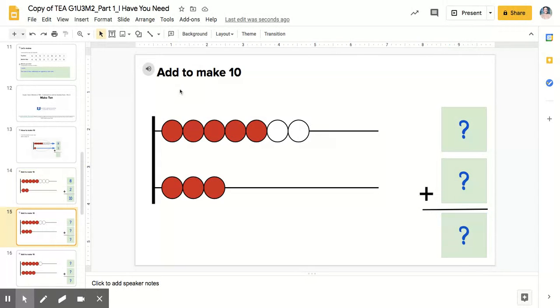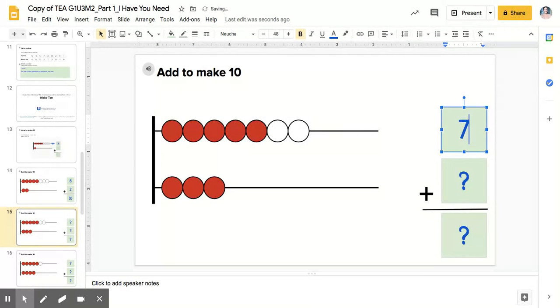Let's do another one. We're counting the top. 1, 2, 3, 4, 5, 6, 7. Counting the bottom. 1, 2, 3. Counting them all together, 7, 8, 9, 10. Good job.